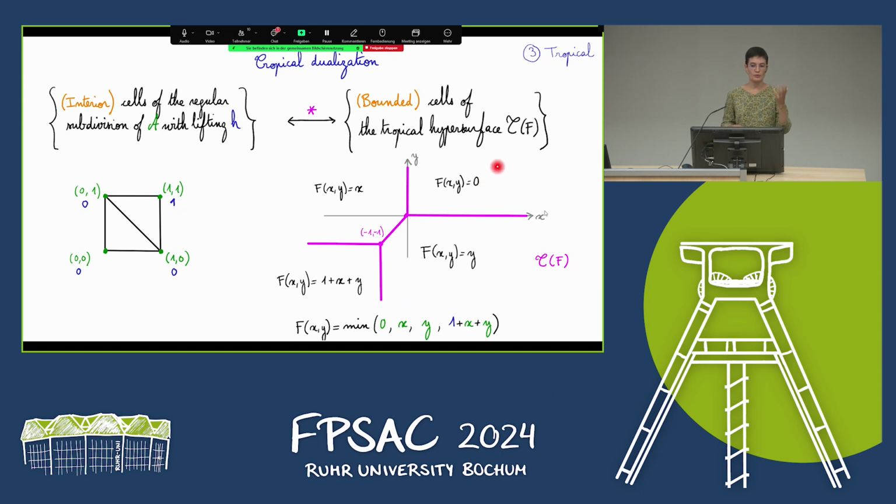And we, moreover, showed that the interior cells are in bijection with the bounded cells of the tropical hypersurface. So, for example, here we have these 2 triangles and this diagonal that are given as the faces of the regular subdivision induced by the lifting, and they are in correspondence with the 2 vertices and this small edge.